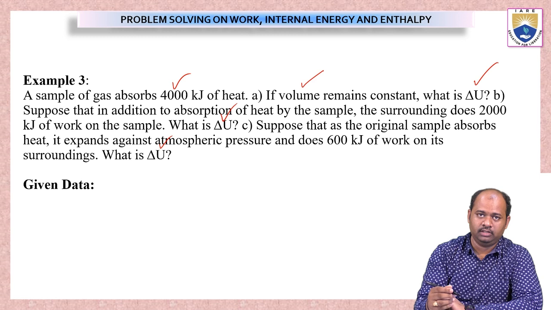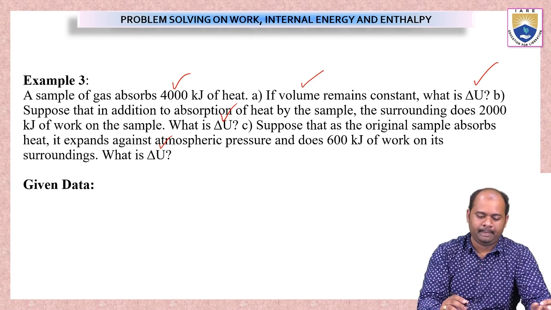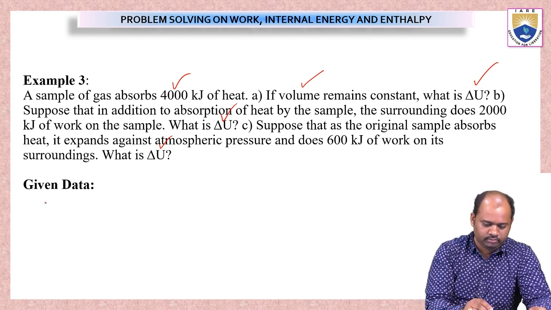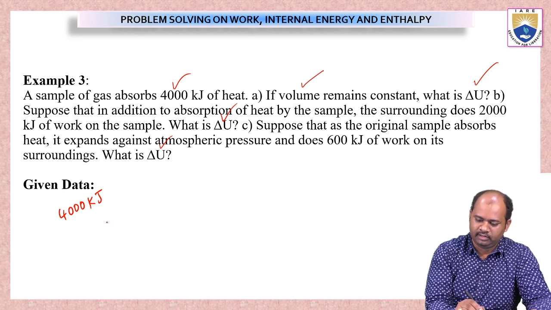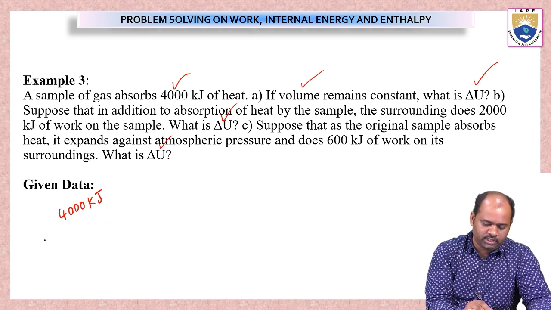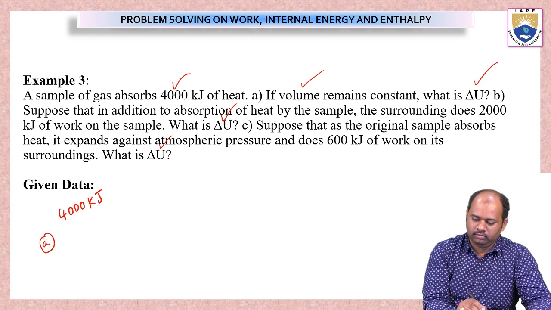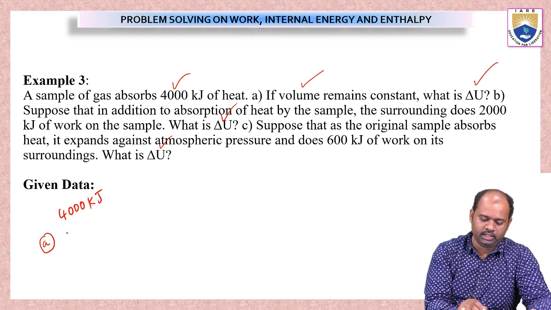Okay. First, we'll write what is the given data here. A gas absorbs 4000 kilojoules of heat. Here 4000 kilojoules of heat is absorbed by the system. And in the first question, if the volume remains constant, what is delta U?